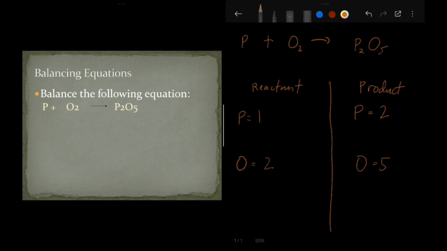So, since the product here has a 2 and the phosphorus is 1, what we can do here is we can write 2. So on this part, this will become 4, and then when you multiply again this one, 2 times 5, that will be 10.